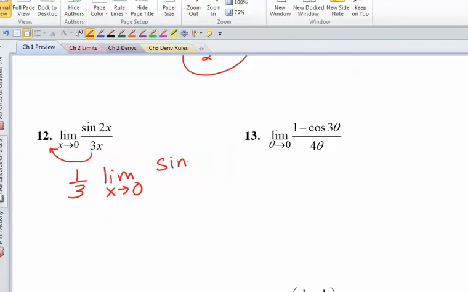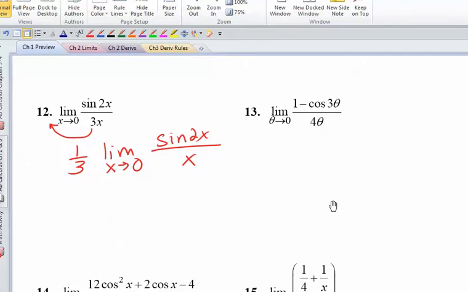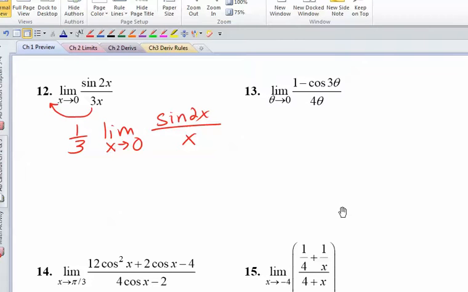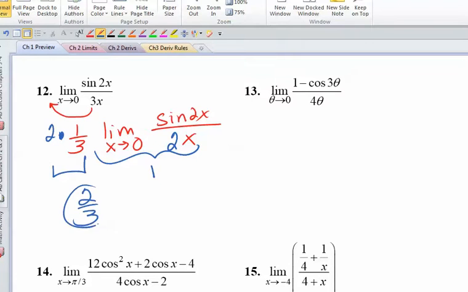So now we have sine of 2x over x, and we will have our theorem if we put a 2 down here, and the only way we can do that is if we also multiply our numerator by 2. So now we know that this limit is our theorem of 1, so we come up with 2/3 times 1.